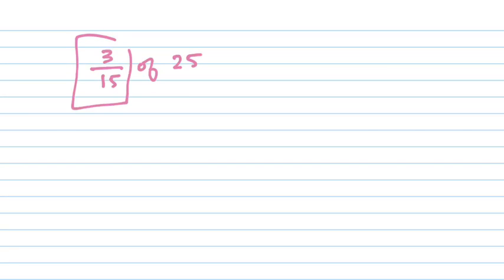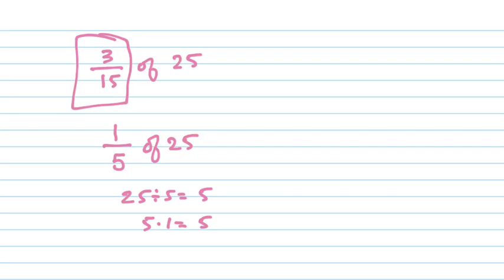But remember the golden rule of fractions is that anytime you see a fraction, you have to simplify it first. So 3 over 15 should actually be what? 1 over 5, right? Because 3 and 15 will both divide by 3, so you make them both smaller by dividing by 3. Now the 25 will divide by 5. And of course, 5 times 1 is still 5, so you've completed the answer, right?